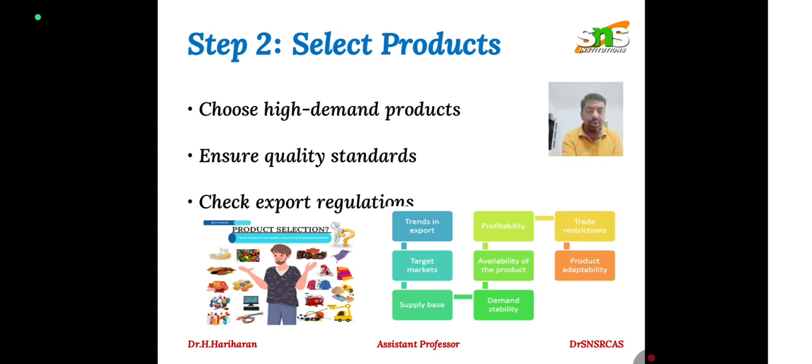And check the export regulations. Before exporting, we should see the regulations. The same regulation will not apply to all the countries. According to the country, the regulations might change. According to the product, the regulation may change. So we should be aware of the regulation for our products.